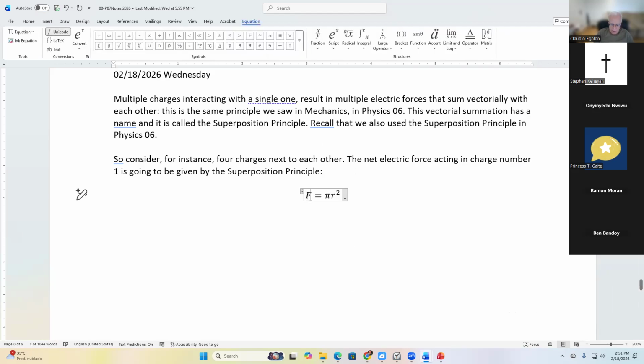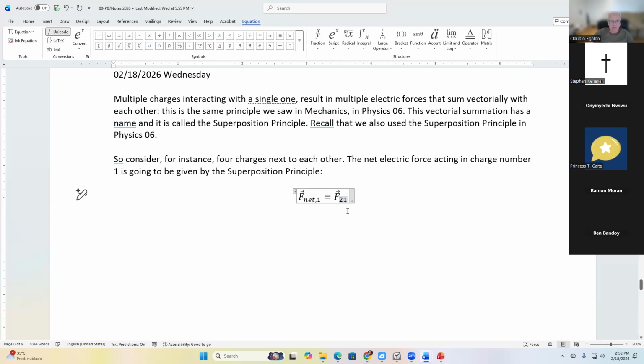Net force in charge number 1. And I have to put a vectorial symbol here, otherwise it's going to be given by the force that charge 2 applies to charge 1.